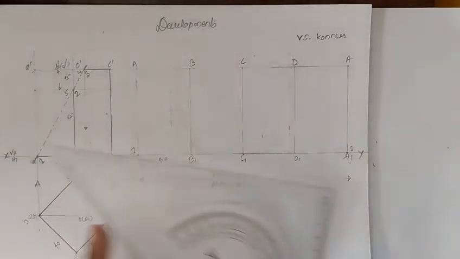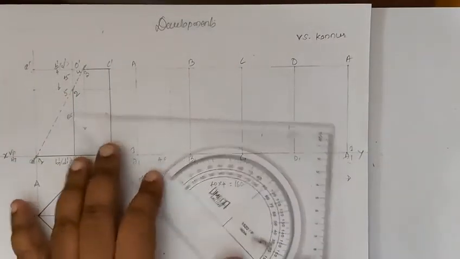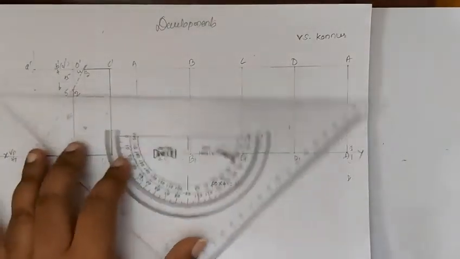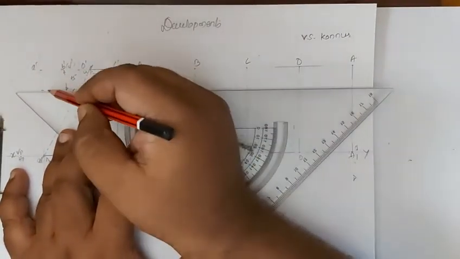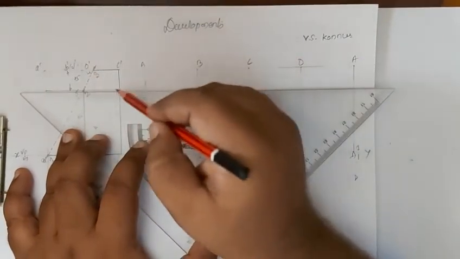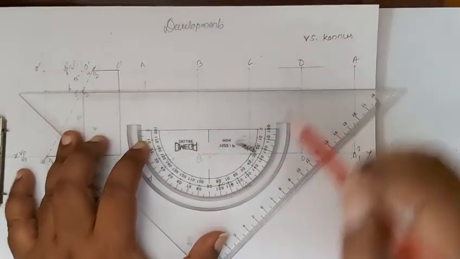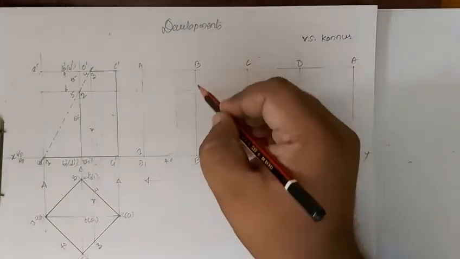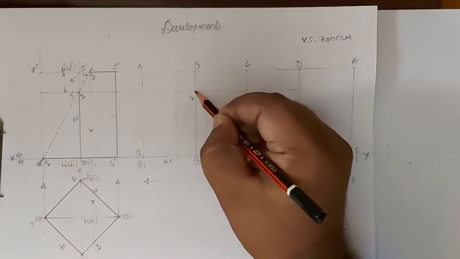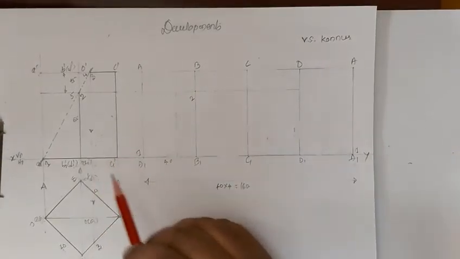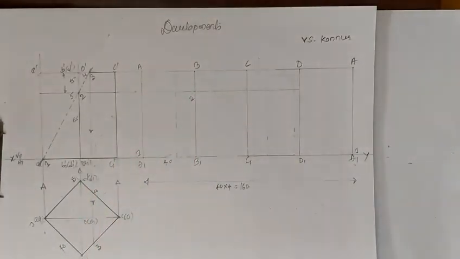Next we'll go for the second point. The second point is on BB1. We'll draw a horizontal line from this till D. Here we'll get the second point on BB1. Right, this is the second point. Next BB1 is over.